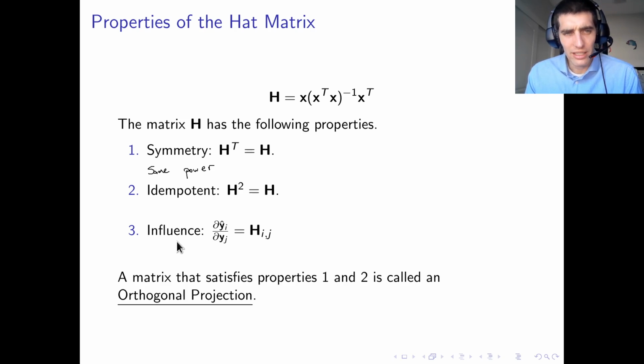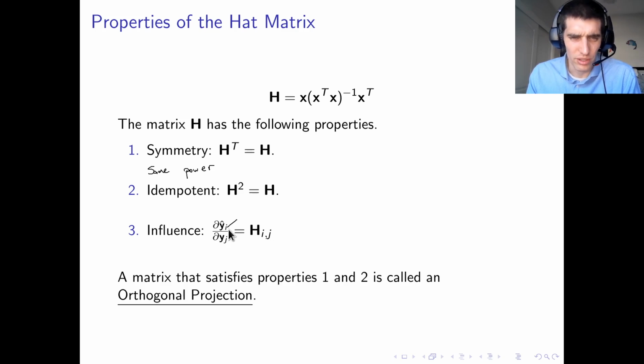Also, h gives us some properties of influence, and this is going to be important to us in future lectures. What this means is that if you take the partial derivative of your predicted y for the ith observation with respect to your input y at the jth observation, that is h_ij.